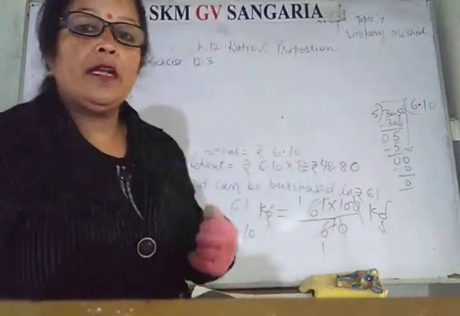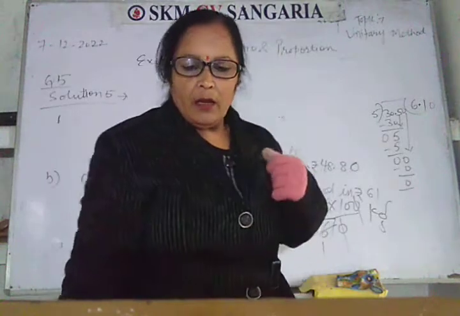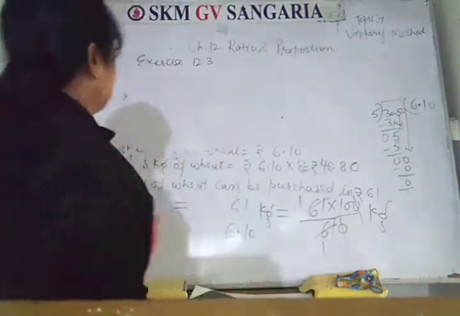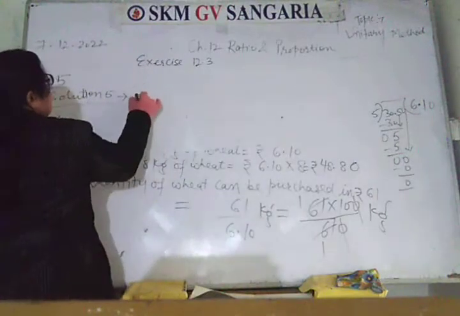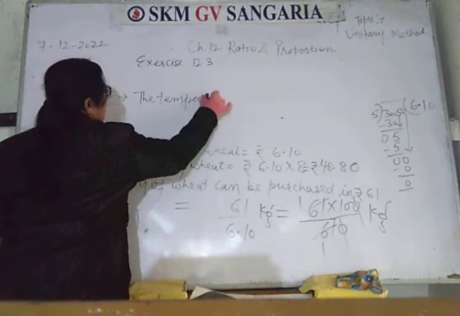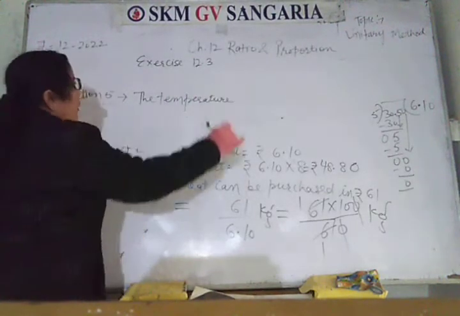First of all, we find the temperature dropped in 1 day. So here, the temperature dropped in 30 days.